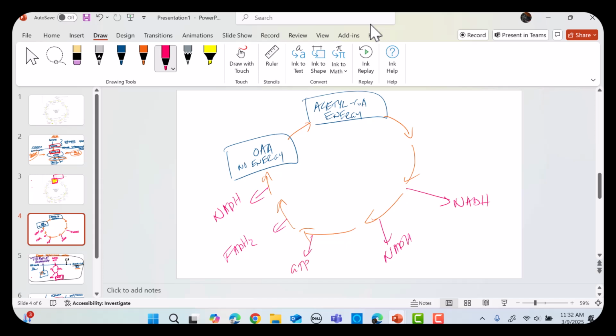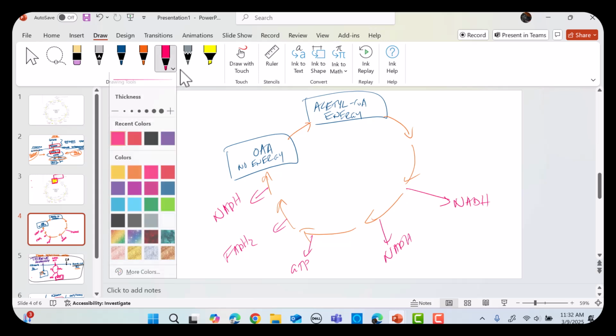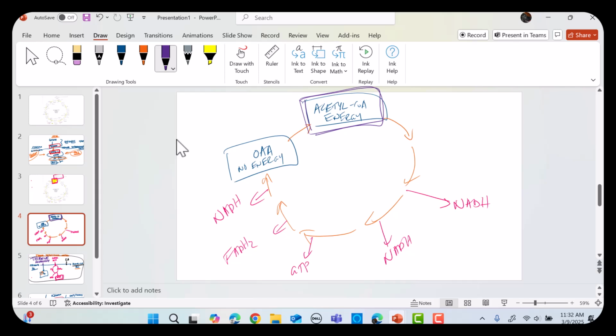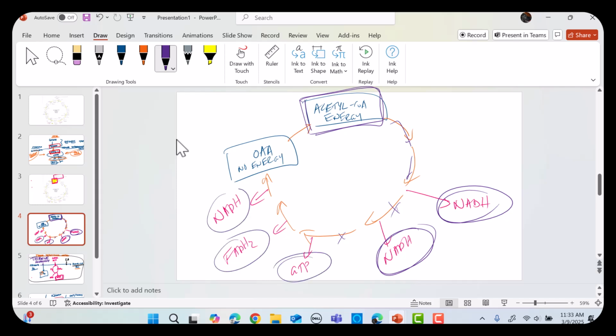So we're starting with this molecule that contains lots of energy, and as we go through, we're taking a little bit off. So we'll have something in between that contains a little bit less. Take a little bit more off, something in between that has a little bit less, a little more off, a little more off, till we finally get down back to our oxaloacetate, the molecule that really doesn't have much energy.